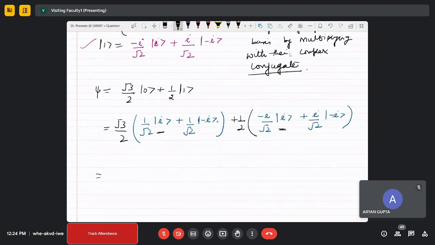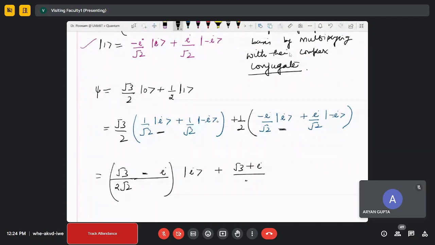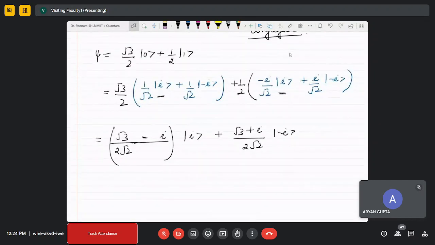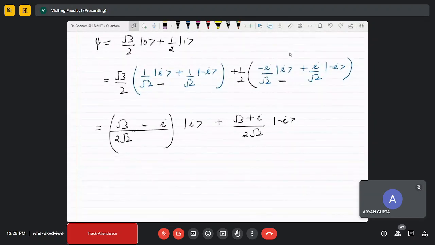So it will be root 3 plus iota by 2 root 2, minus iota, and next one is plus root 3 plus iota by 2 root 2 minus iota. Is this representation clear? This conversion is done.